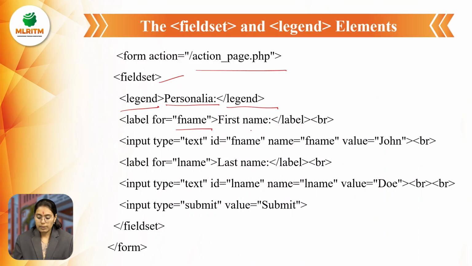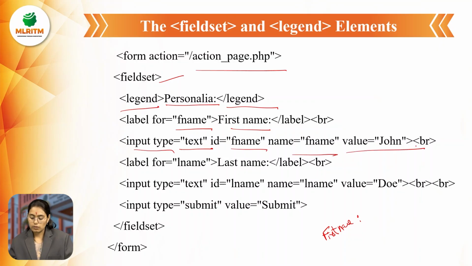Label for fname, first name, we are labeling it and closing the label tag. Now for labeling fname, that is first name, we are initializing. Now we have to bind this with the input text, right? Input type equal to text, id equal to fname, name equal to fname, and value equal to John. So here we are getting John.